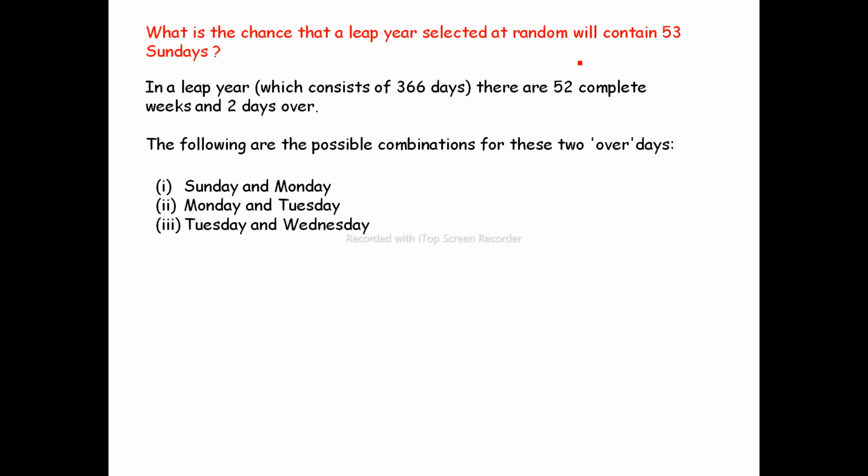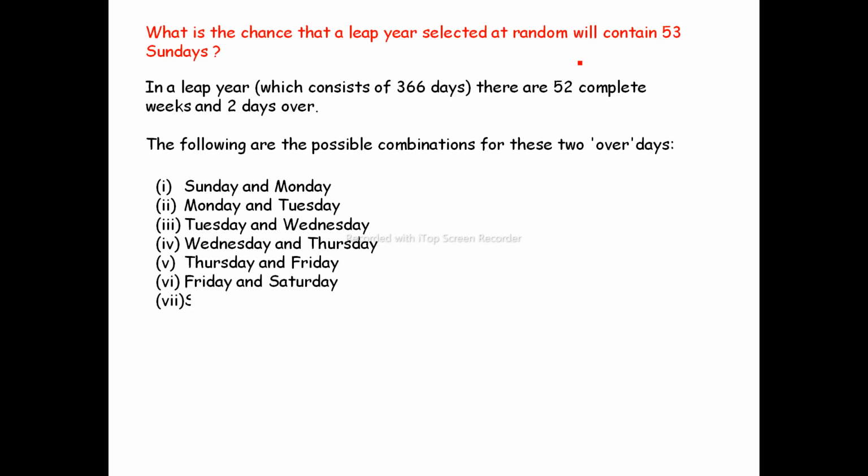Next is Tuesday and Wednesday, then Wednesday and Thursday, then Thursday and Friday, or Friday and Saturday, or Saturday and Sunday. So how many possibilities do we have? We have got 7 possibilities. Okay, so you can say we have got 7 exhaustive events.